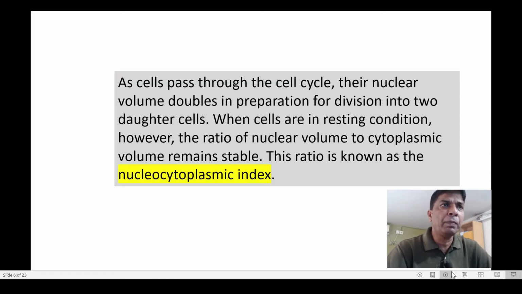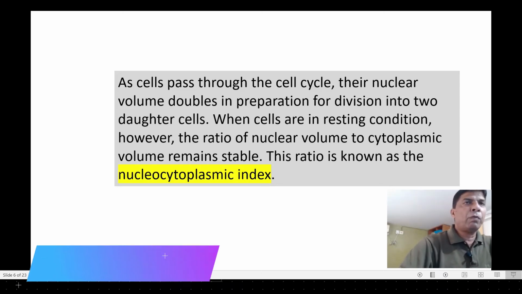Now there is a term known as the nucleocytoplasmic index. As the cell passes through the cell cycle, its nuclear volume doubles in preparation for division into two daughter cells. When the cells are in resting condition, however, the ratio of nuclear volume to cytoplasmic volume remains stable. This ratio is known as the nucleocytoplasmic ratio.